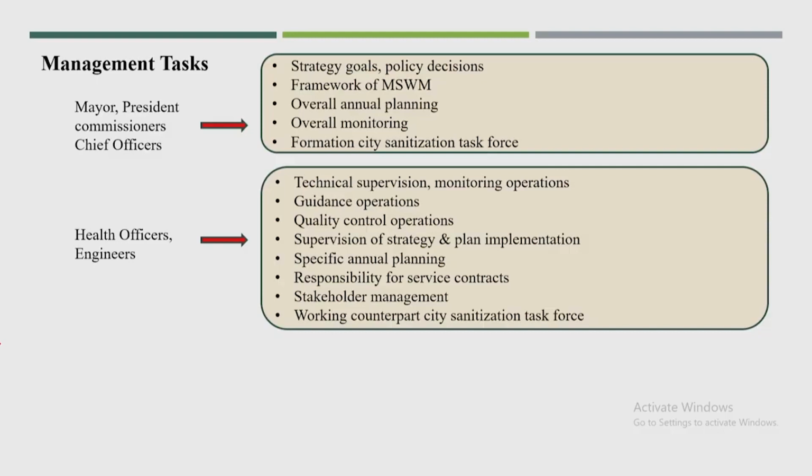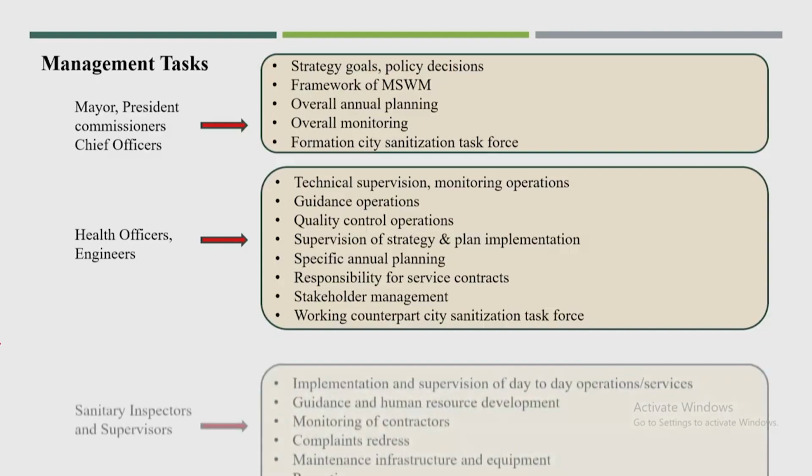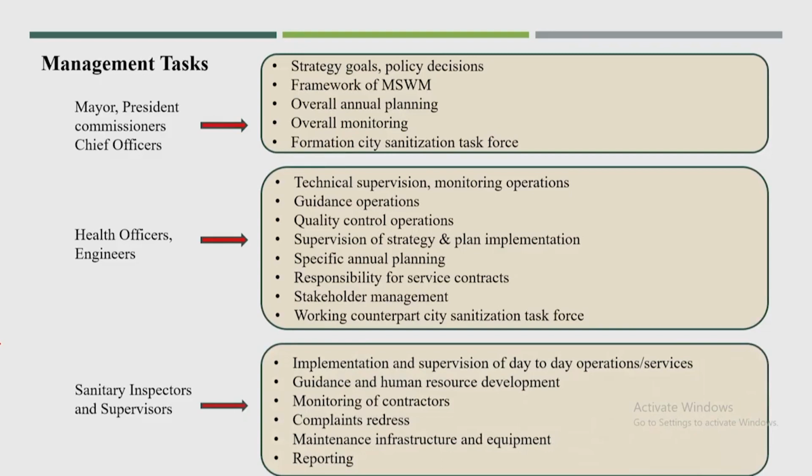And finally, sanitary inspectors and supervisors look after implementation and supervision of day-to-day operations, guidance and human resources, monitoring of contracts, redressal of complaints, and maintenance of infrastructure and equipment.